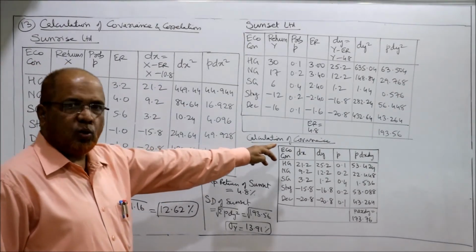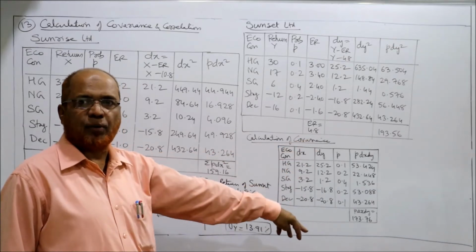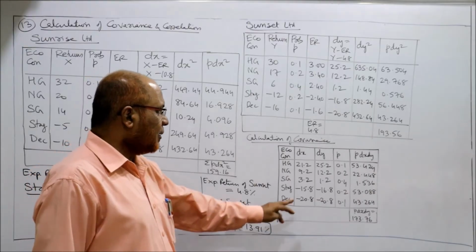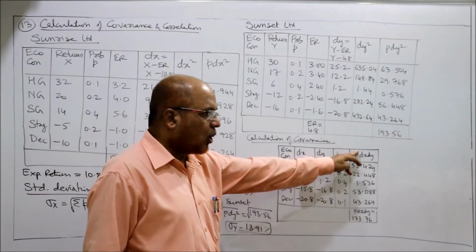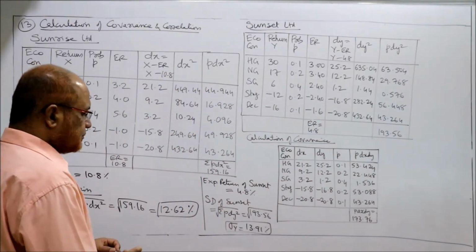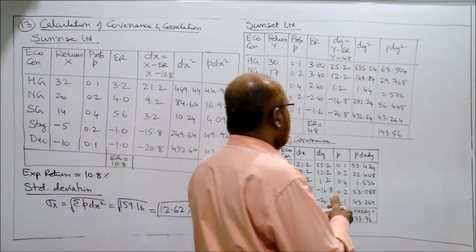So for calculating covariance, we have to take the dx, dy and the probability columns and multiply all three together. Here minus into minus will become plus. Here also minus into minus will become plus. So all positive signs we have, right? Now we can write covariance.